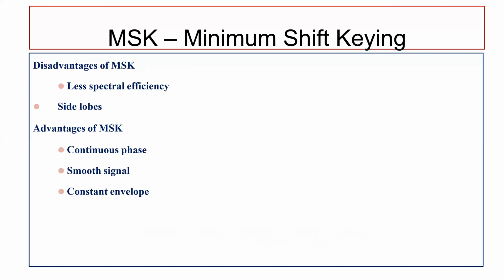And there are some disadvantages. One is side lobes, as I told you. There are several side lobes, even though it has a higher spectral efficiency. The next one is reduced spectral efficiency, because we are using a bandpass filter, and in order to avoid inter-symbol interference due to the side lobes, we require bandpass filtering.